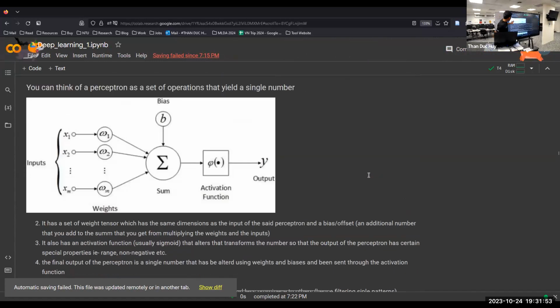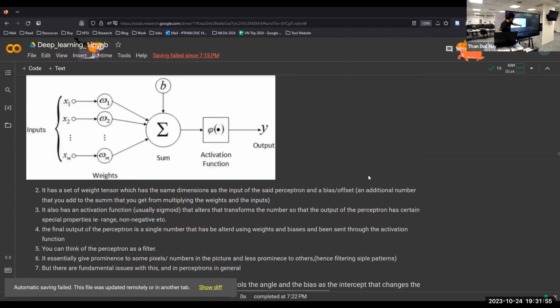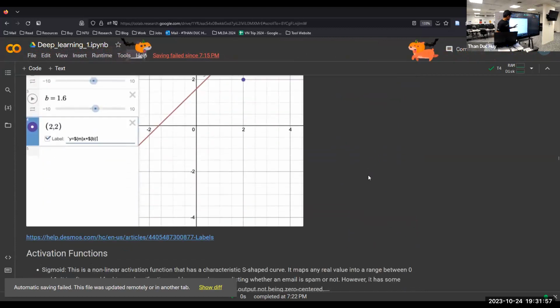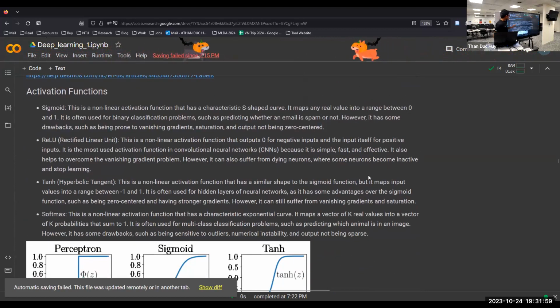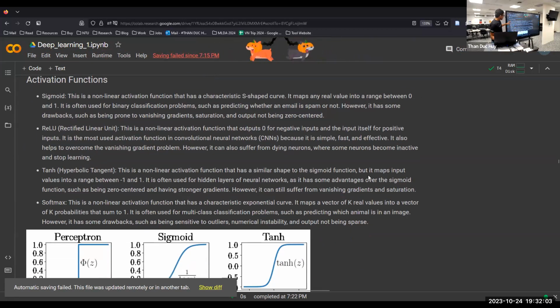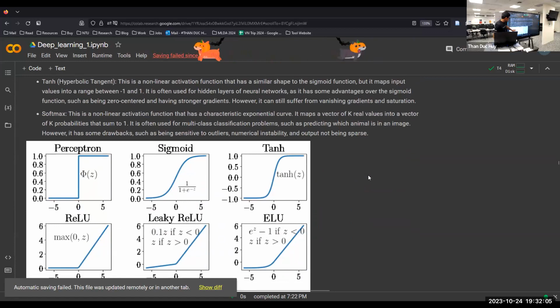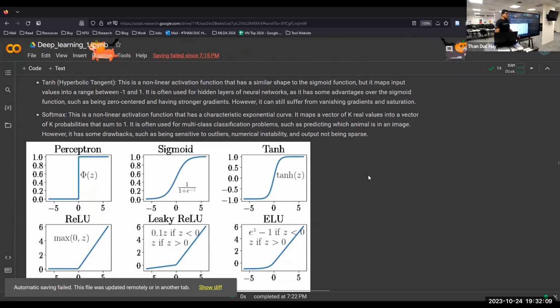Now let's move on to the second part, which is the activation function. There are several activation functions with different purposes. One is the sigmoid activation function. This is the equation of the sigmoid, and what it does is take the input and map it between 0 and 1.